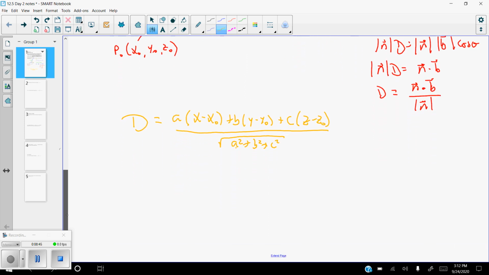If I go ahead and distribute the a, the b, and the c in the numerator, what we're going to get is ax minus ax naught plus by minus by naught plus cz minus cz naught, again all over the square root, because that's the magnitude.